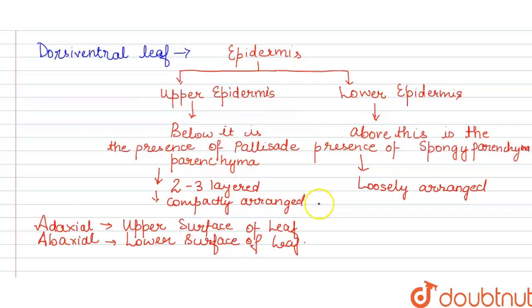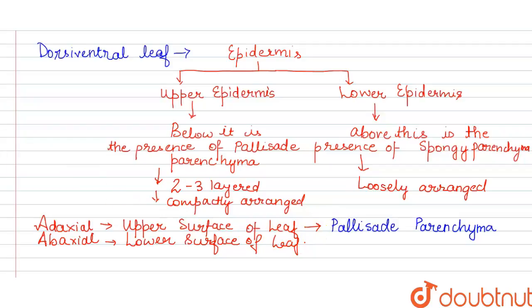So when we talk about the location of the palisade tissue, the palisade tissue is present on the upper surface of the leaf. So here there is the presence of the palisade parenchyma.